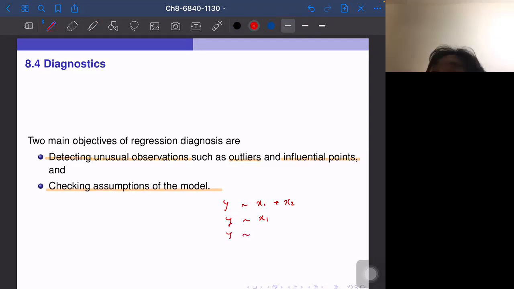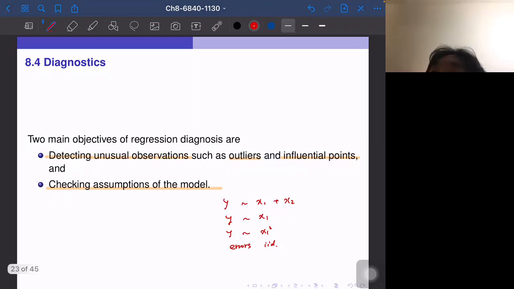Also, if the true model is y on x1 squared, then the model y on x1 isn't the best, so we would like to detect that relationship also. Also, errors should be IID in basic statistical models, so we would like to check that assumption. Some of the concepts in 8.4 are used for both objectives, and some are used for only one of these objectives.